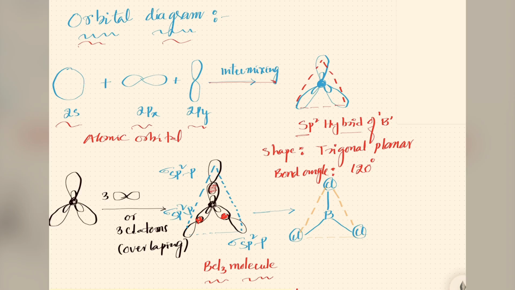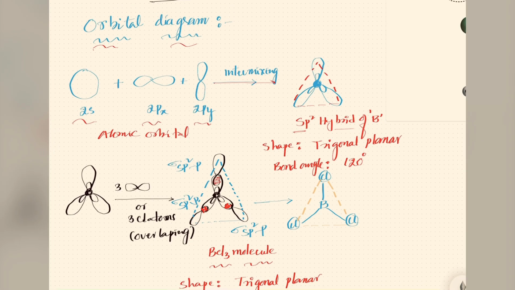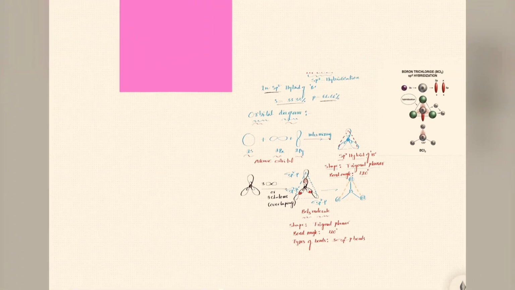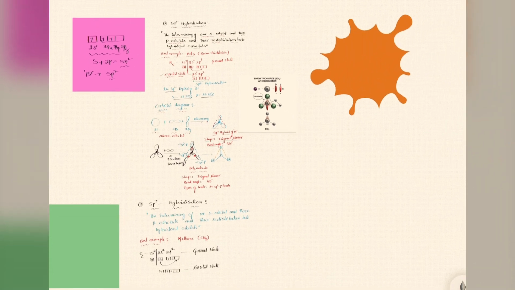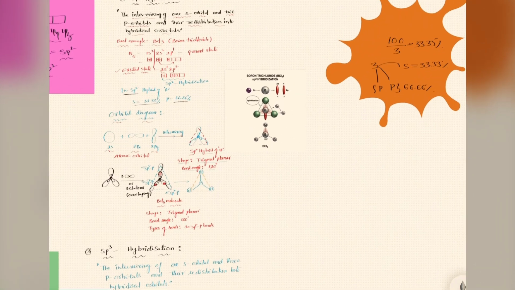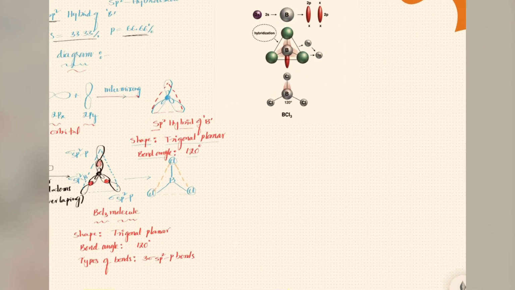Clear? This sp2 hybridized orbital has a shape. Which shape is it? You can see, all of you. The shape of this hybrid is trigonal planar. The bond angle of this hybrid is 120 degrees. See, I will get 120 here.